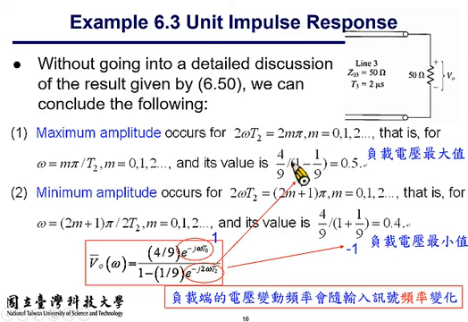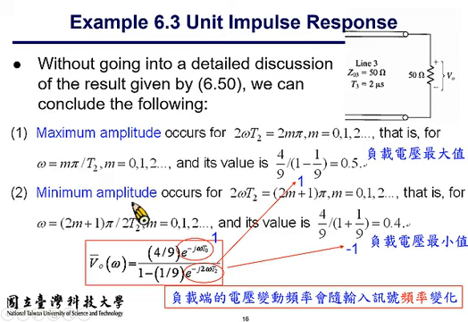As a result, the denominator becomes 1 minus 1 over 9. So the magnitude of this overall expression is 0.5. The magnitude of the equation is 0.5 when omega equals multiples of pi over T2.